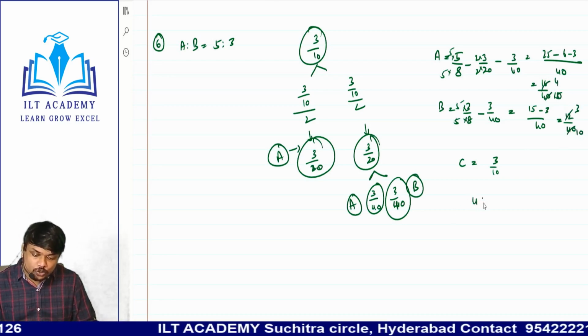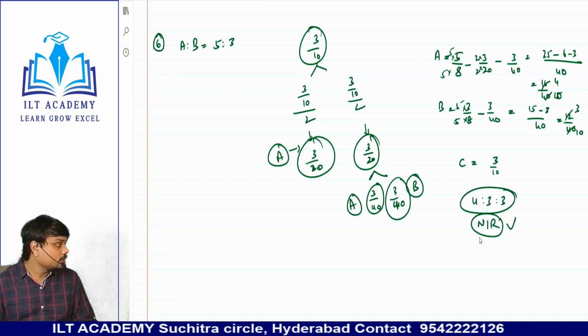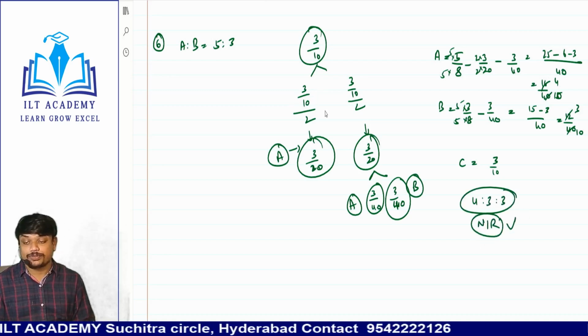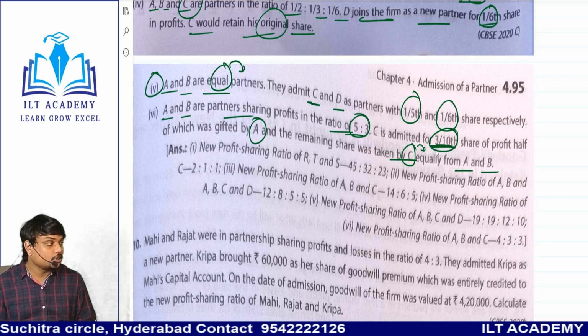So what is the ratio? 4:3:3. This is the new ratio. Look carefully. Clear? If you read this sentence properly, 3/10th was the new partner's share.